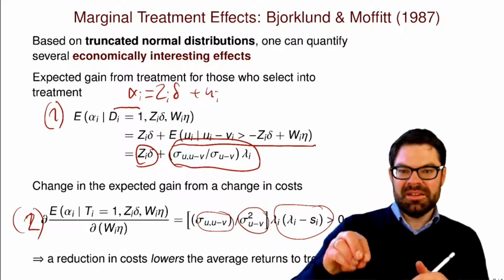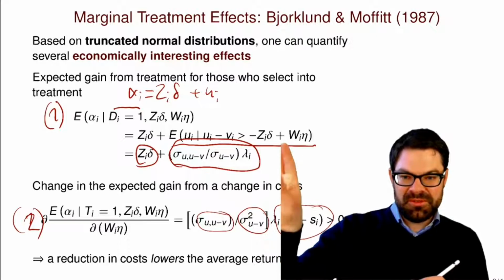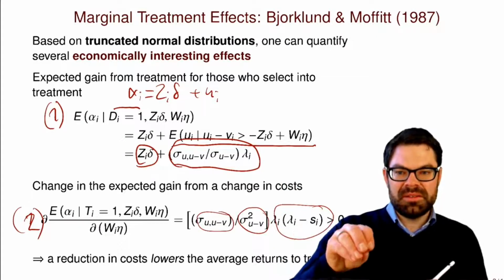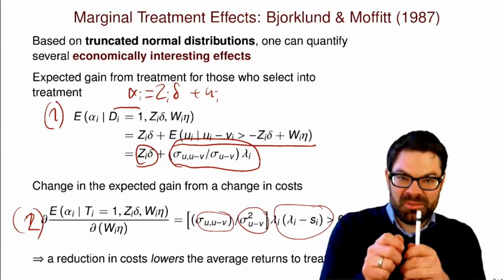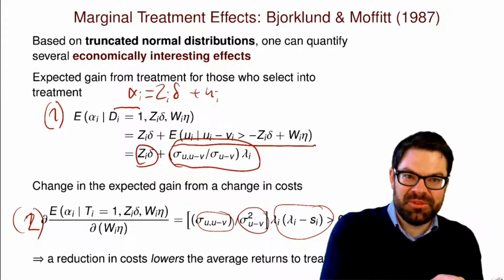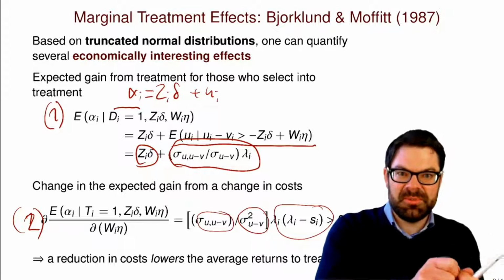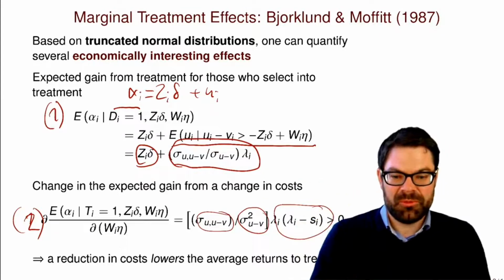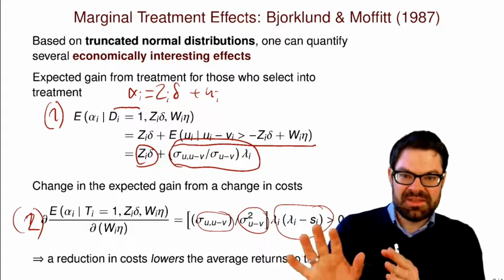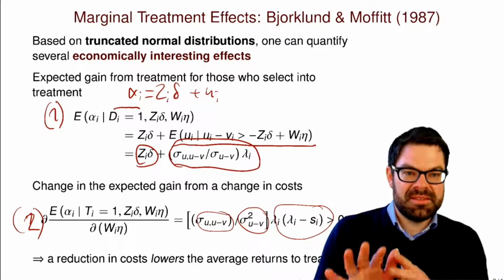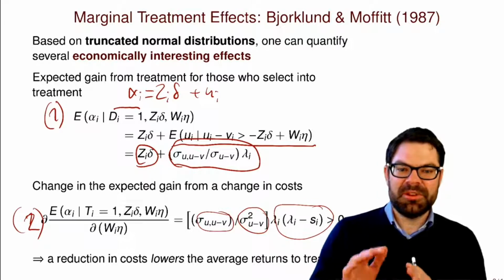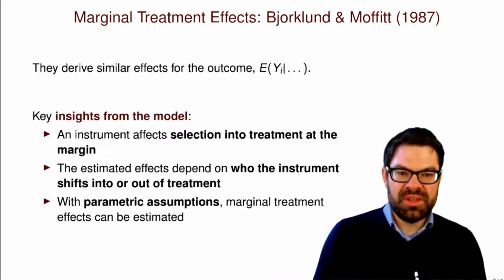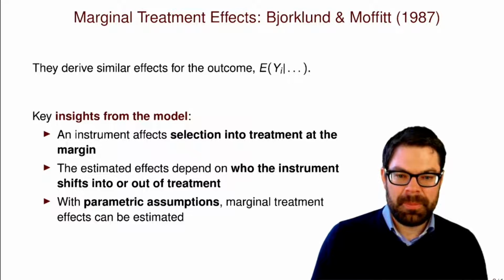Are these the people for whom the treatment is most beneficial, or least beneficial? Or are they closer to those at the top of the distribution? That's what these types of exercises tell us. And to my knowledge, Bjerklund and Moffitt were the first ones to do this systematically.